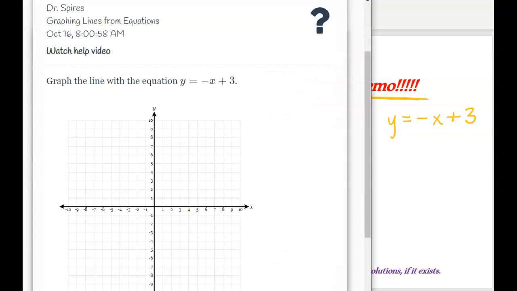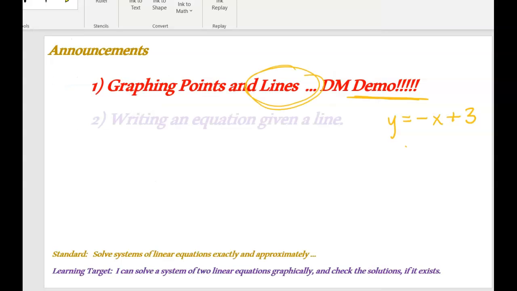Now this one's tricky, because the y-intercept plus 3 is pretty easy. We're going to start at 3. So the y-intercept is 3, pretty easy. And let me color code that red because we've been using red. So we start at 3, easy.